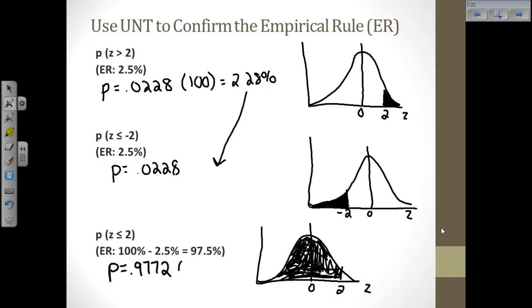Or, roughly 97.5% or 97.72%. Okay, so again, the empirical rule tries to simplify things a little bit by working with numbers that we're more comfortable with. But overall, we're confirming those rough estimates of probabilities or proportions using the unit normal table.